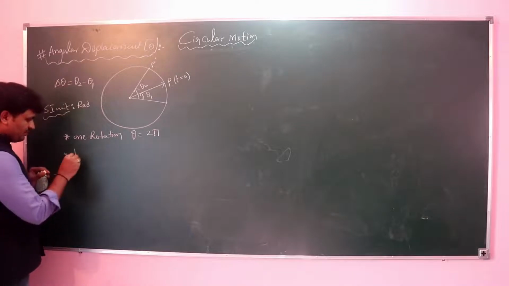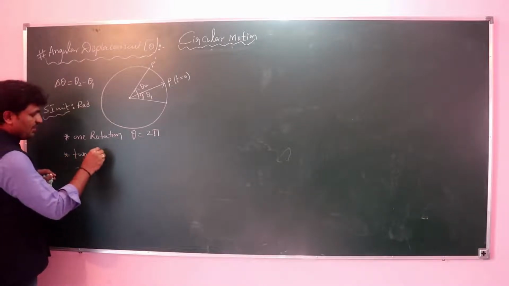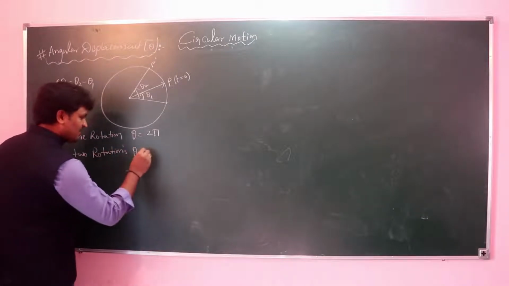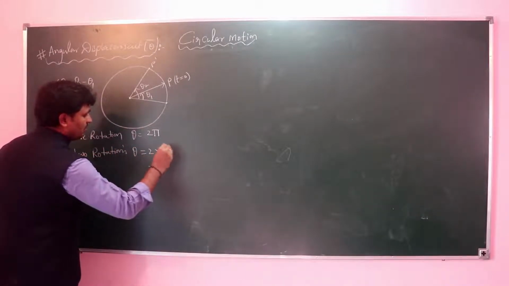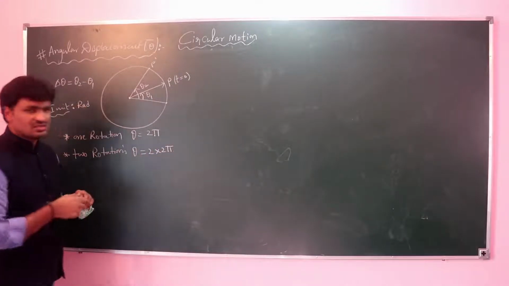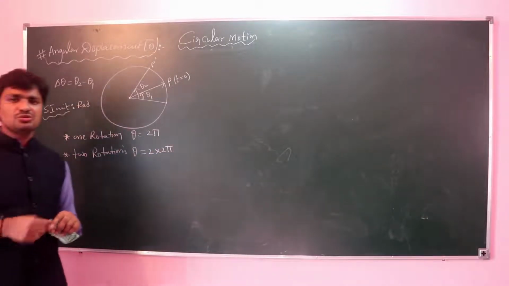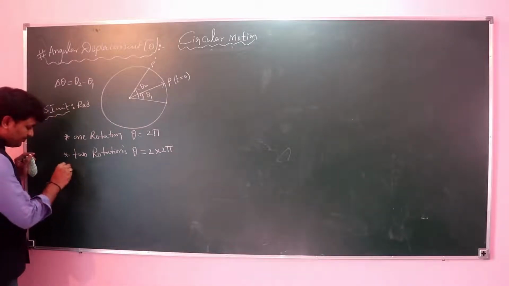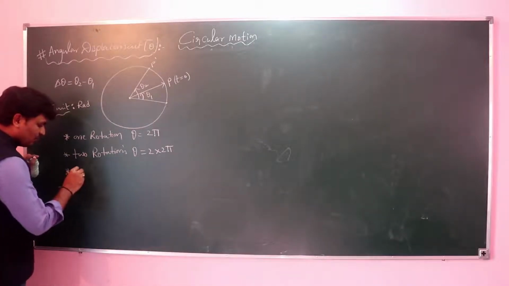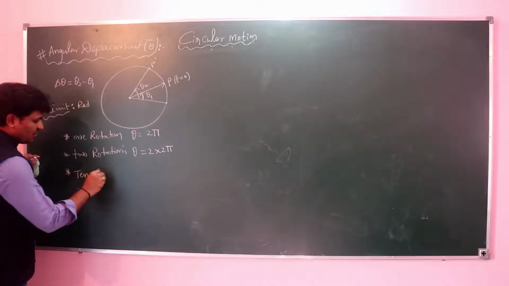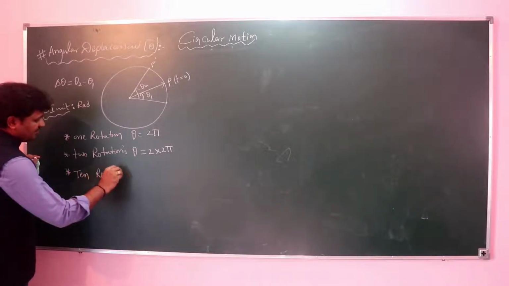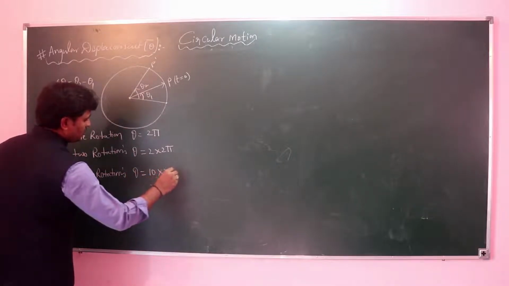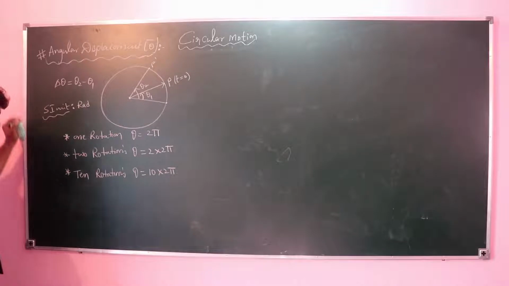For two rotations, what about the angular displacement? For two rotations, the angular displacement is equal to 2 into 2 pi. For 10 rotations, the angular displacement is 10 into 2 pi.